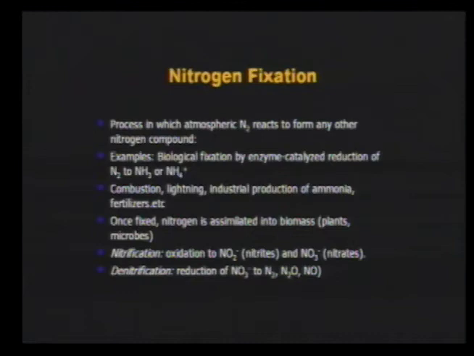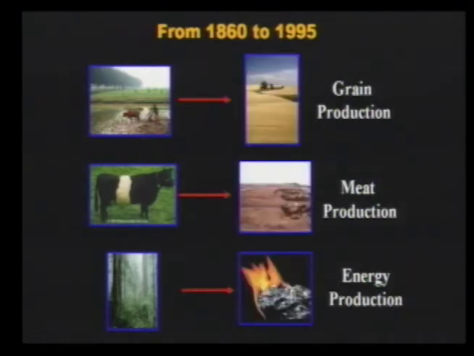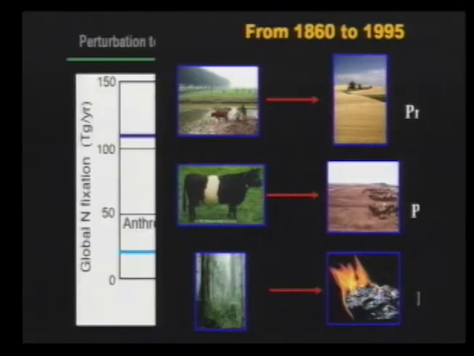The nitrogen deposition associated with nitrogen fixation is important in relation, of course, to food production and so on. If you look at how things have changed in terms of the grain production, the meat production, and the energy production, it has been very substantial, for example, the use of fertilizer to maintain sufficient food to feed the world population, and of course the energy production associated with industrialization.